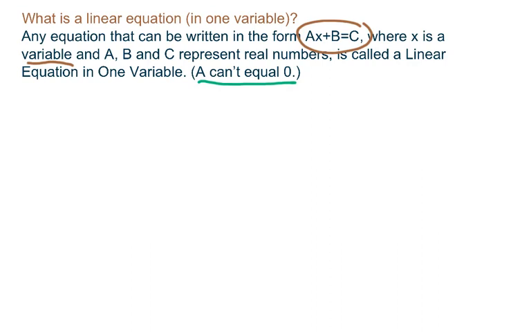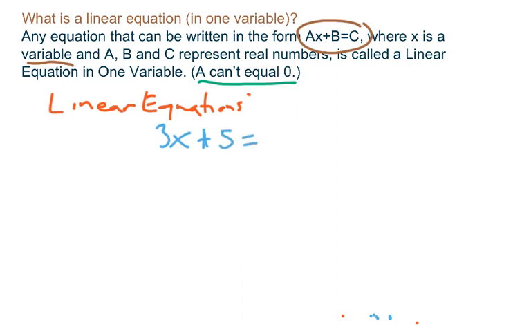So what are some examples of linear equations? Well, we've actually already seen one. If you think about it, one of the equations we saw, and we figured out what one of its solutions was, would be 3x plus 5 equals 11.